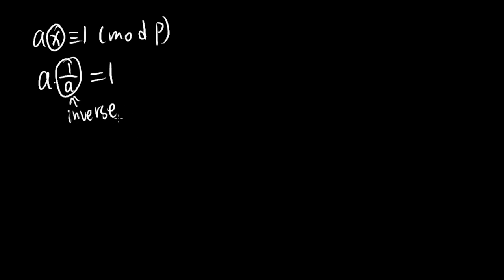And in modular arithmetic, we write the inverse x as a to the power of -1 or 1 over a. We can write these two forms.